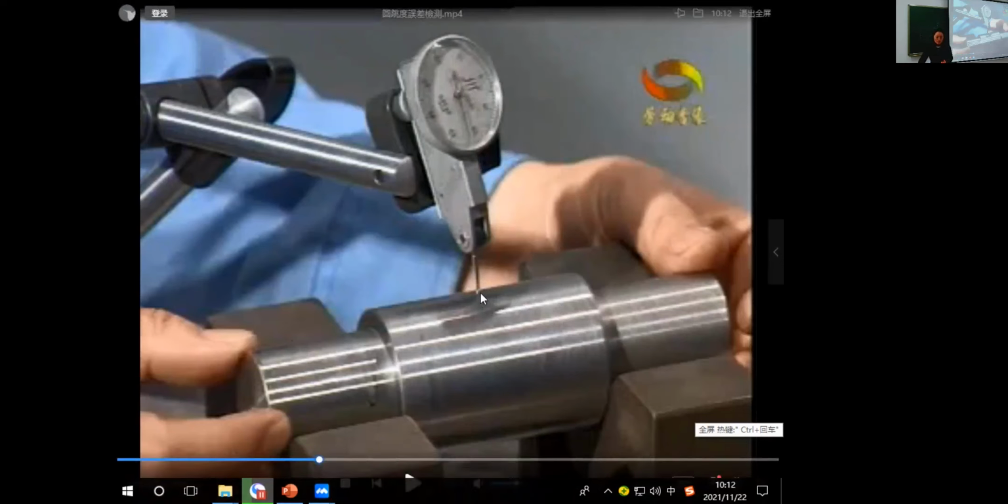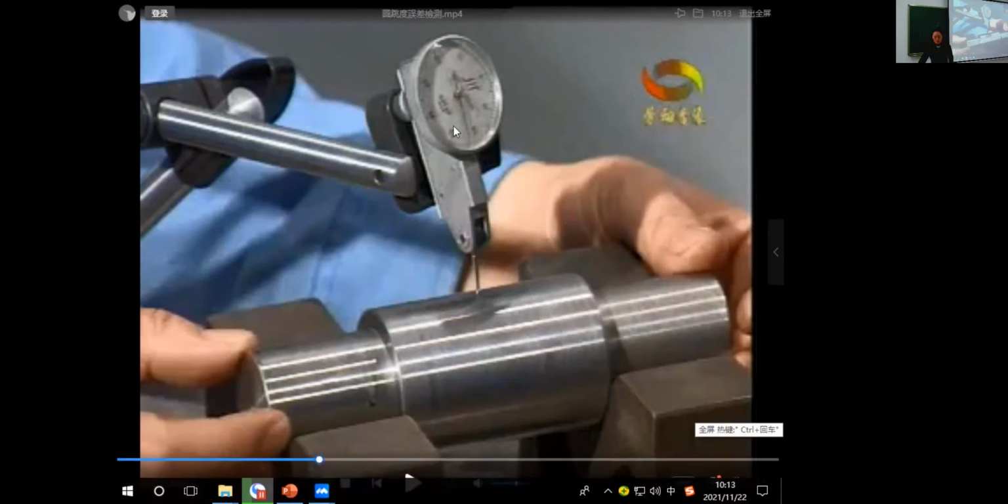Average is one data, and we move to another point and measure again using this method to get another data. Maybe we get 1, 2, 3, or 10 data, and we know that is the runout, the axis runout.